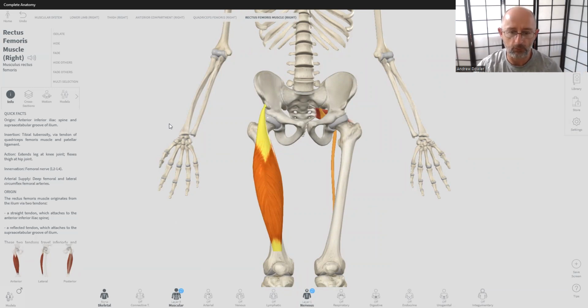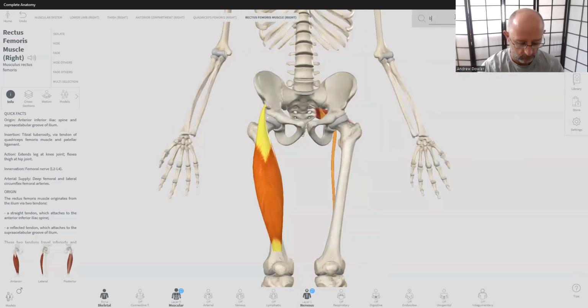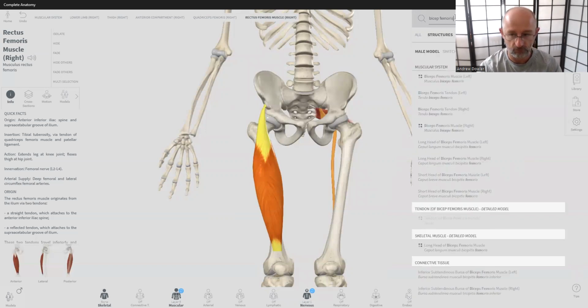Now, if we then put in an antagonist muscle, so for every muscle there's usually one that does the opposite movement, let's look at the hamstring. So let's look at biceps femoris, which is one of our hamstrings.